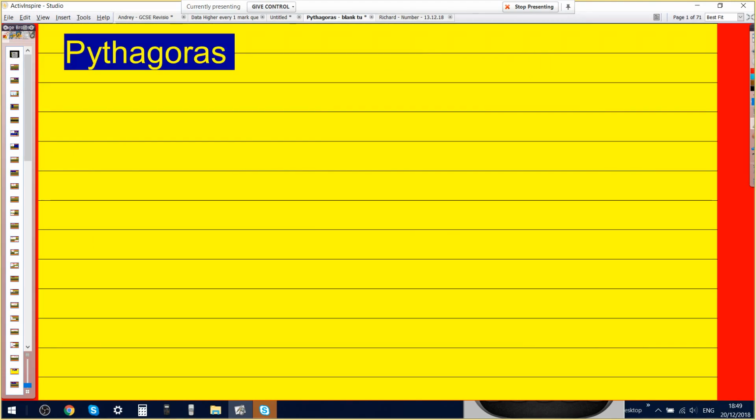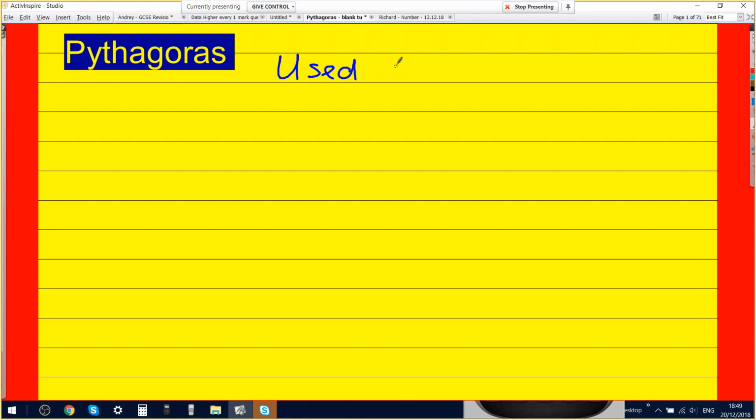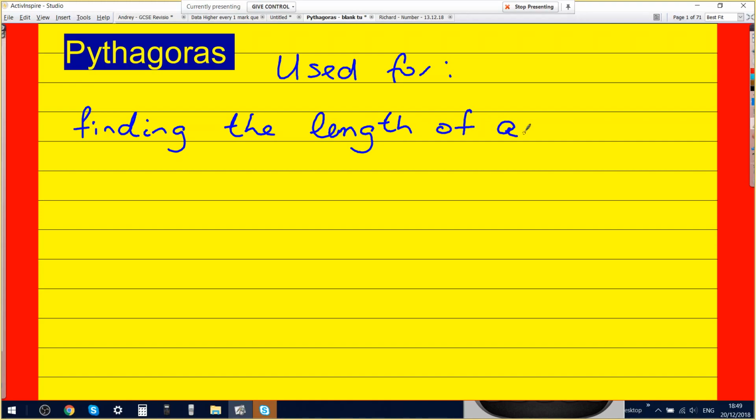What is Pythagoras used for? I'm not sure, I mean maths. Finding the length of what? Shapes. No. Of a diagonal line.